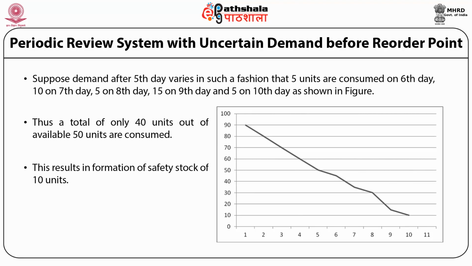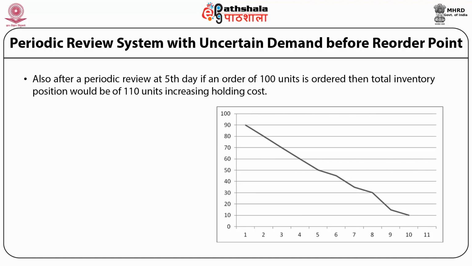This results in the formation of a safety stock of 10 units. Also, after a periodic review at the 5th day, if an order of 100 units is placed, then the total inventory position would be 110 units, increasing holding cost.